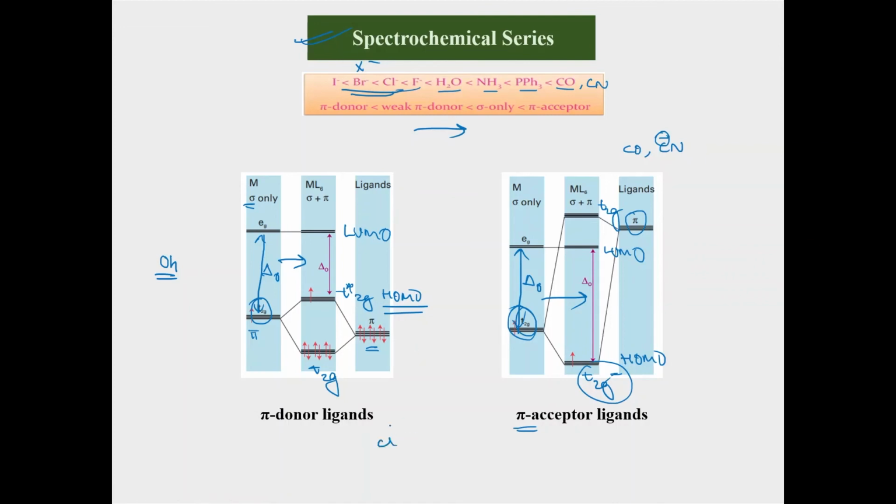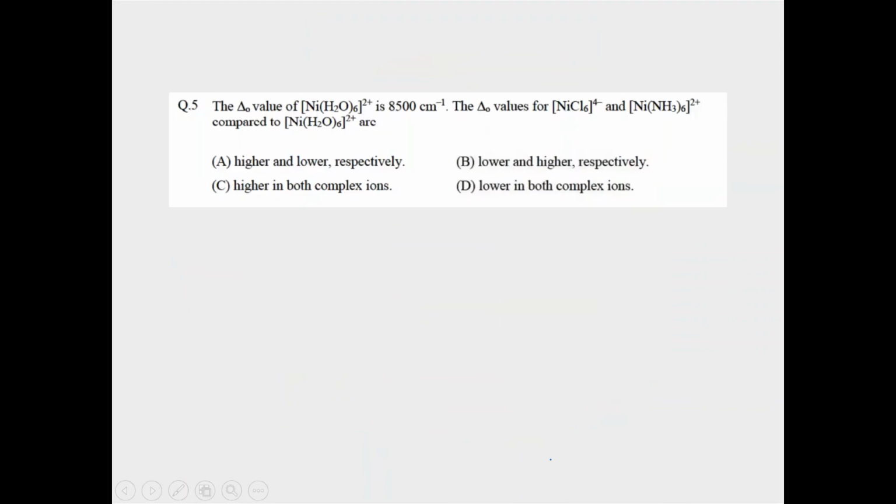So the metal complex in which Cl minus is the ligand will have the least delta O value. And in the spectrochemical series, we can see that H2O is a weaker field ligand than NH3. So this will be the order of the delta O values.